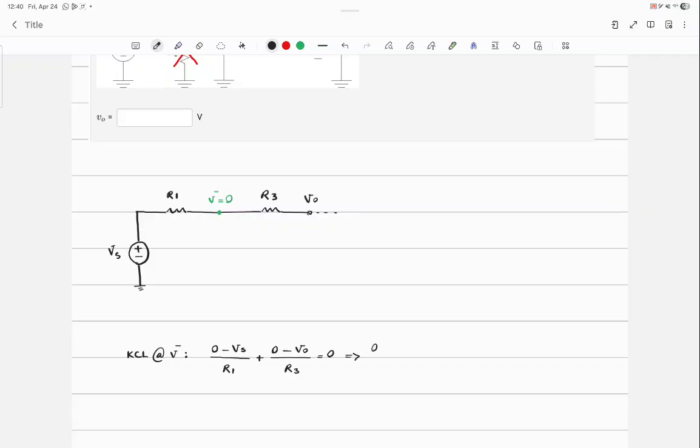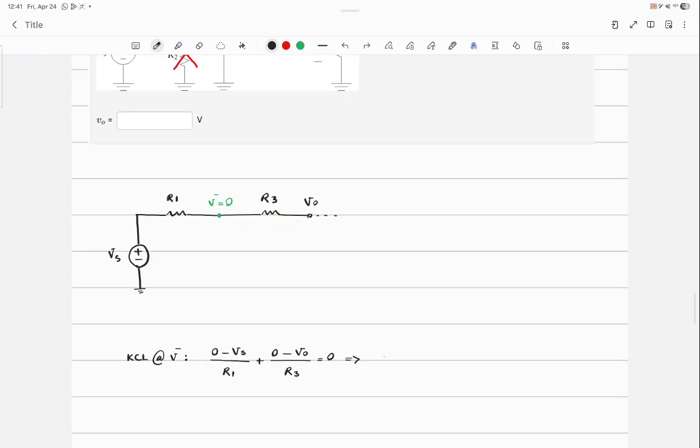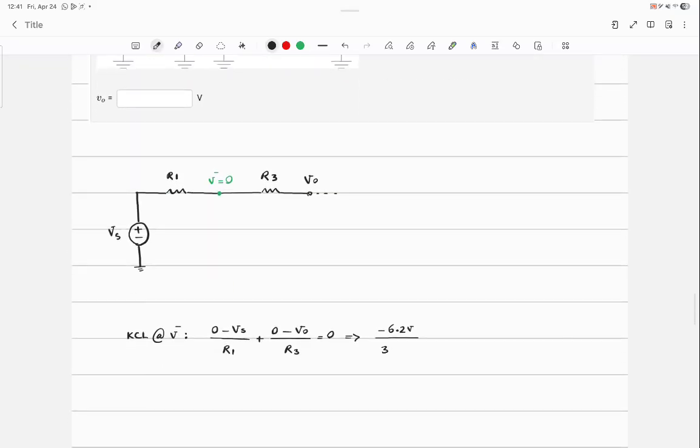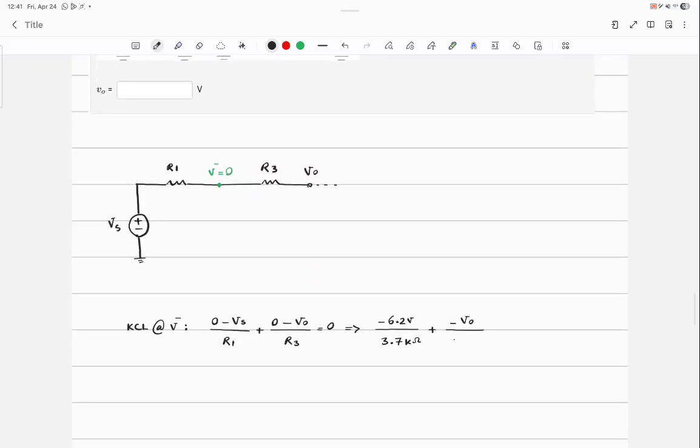Plug in the values. What is Vs? 6.2. R1 is 3.7 kilo, plus negative VO divided by R3, which is 8.4 kilo, equal to 0.